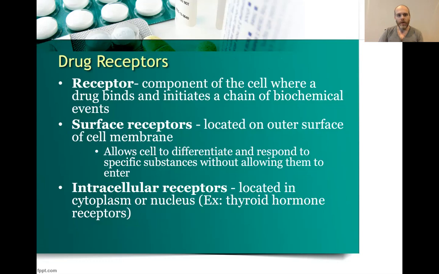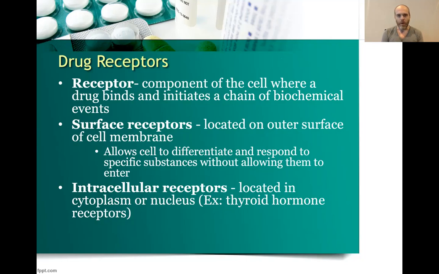Okay, so for every type of drug, there has to be a drug receptor on the specific cells so that we can get it to produce its desired effect. The receptor is a special place on the cell that binds to part of the medication molecule and sets a chain of biochemical reactions in place.